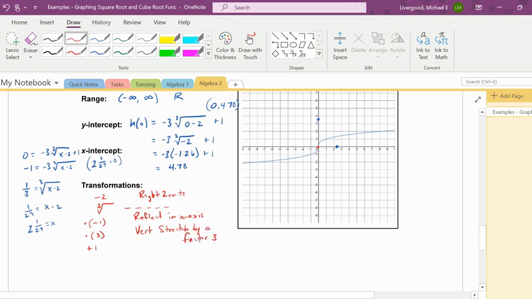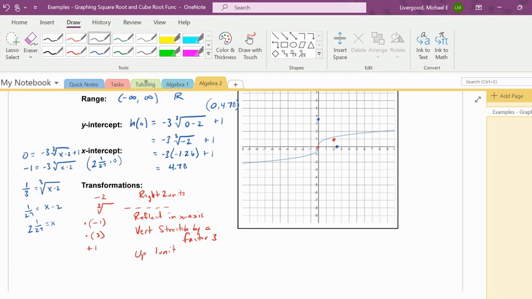All right, it's 3 times taller than the parent function. And then the +1 moves this up 1 unit. All right, so the only thing that's going to happen with this 0, 0 is that we're going to move it right 2 units and up 1 unit. So this point is here. So that is the point of inflection shifted from 0, 0 to this point.